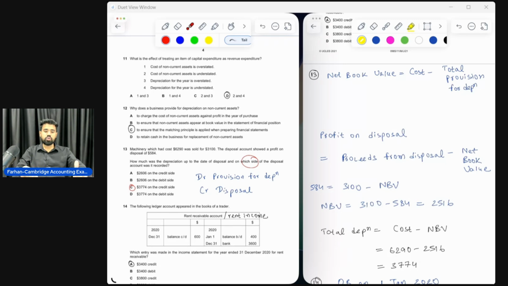And that value is extracted through the consumption of economic benefits from these assets to help the business generate more revenue, right? The purpose of business is simply business. So if I'm buying assets, I better buy them so they can help me make more revenue, right? Therefore, the matching principle states that revenues earned are matched against expenses incurred.